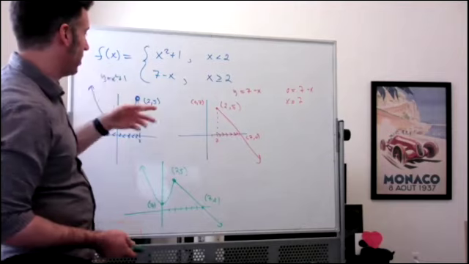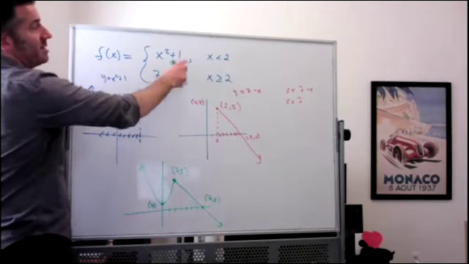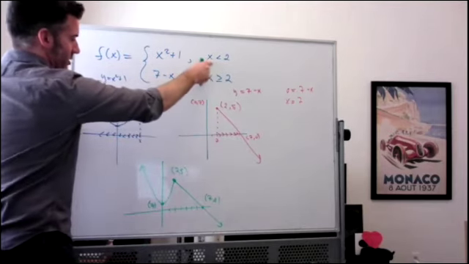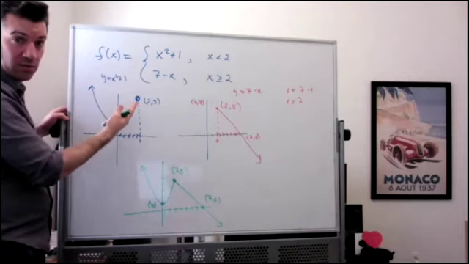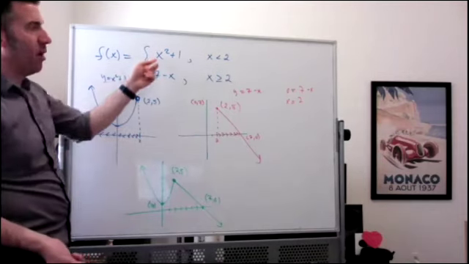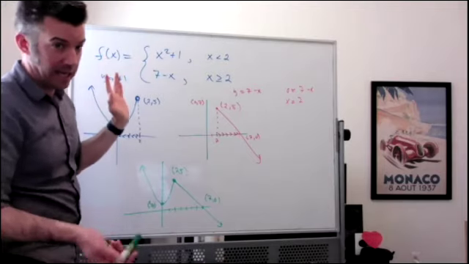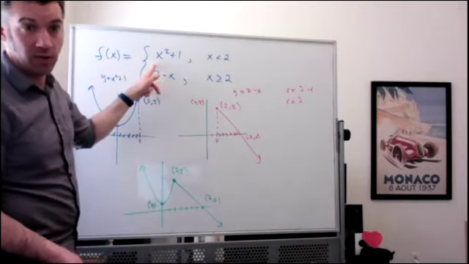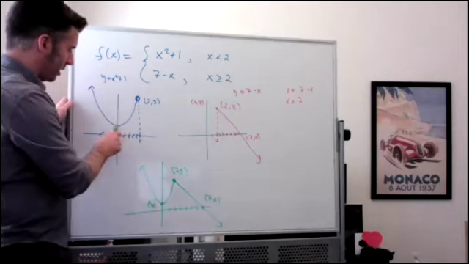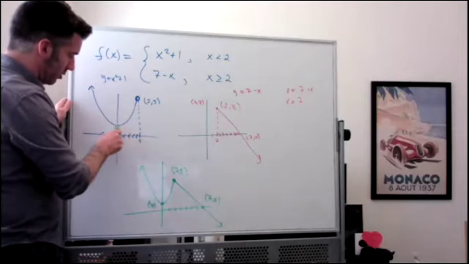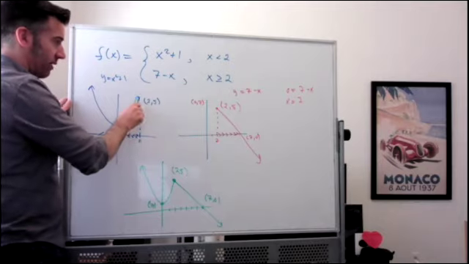So even though this piece isn't defined when x equals 2, I still plugged in 2 to figure out what it was getting closer and closer to. If I plugged in like 1.999999999, that number squared is almost 4, and 4 plus 1 is almost 5. So as x gets closer and closer to 2, this function is getting closer and closer to 5.